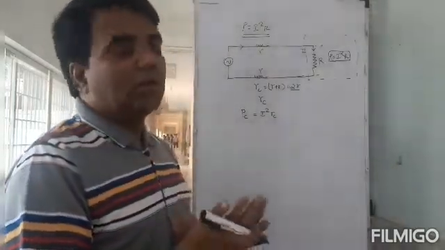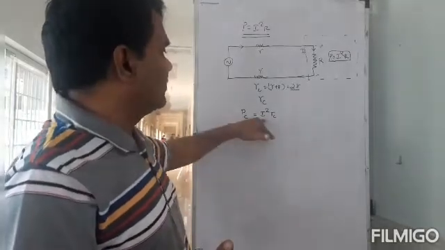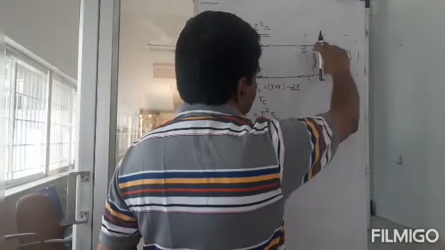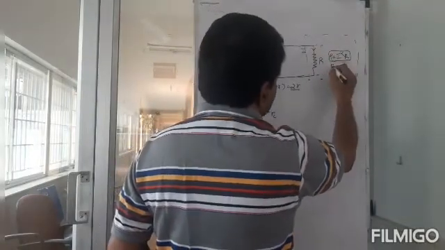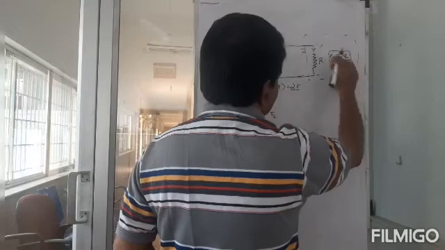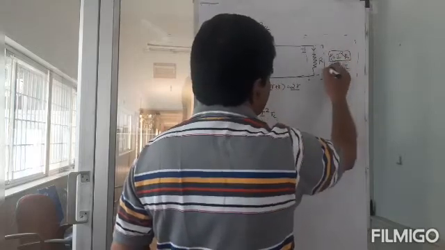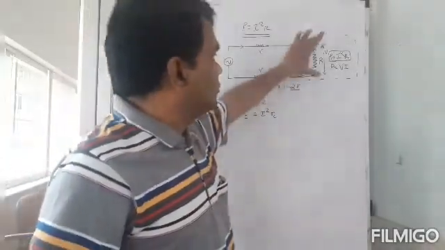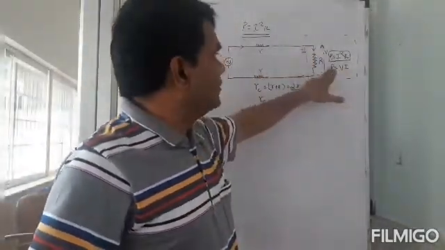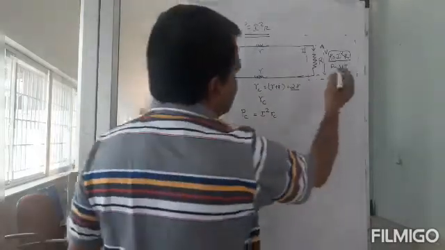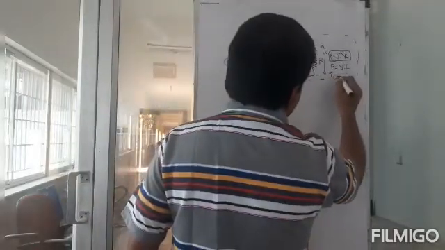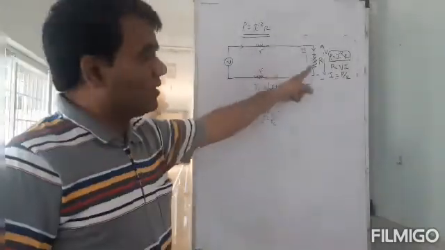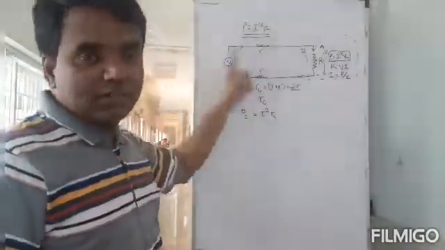Okay. Now, how can I write this I squared? Well, let me go to this place. See, here P is also equal to VI. V is the voltage across this one. Voltage you receive at home. So V into I. From there I can say that I is equal to P by V. So it's the same current which is flowing through the entire circuit.